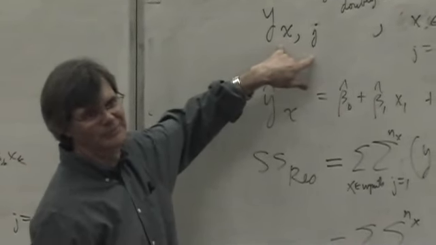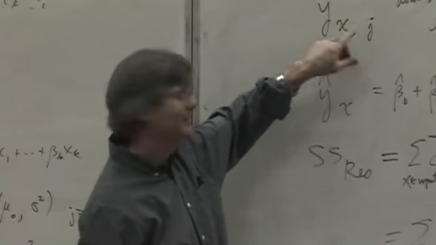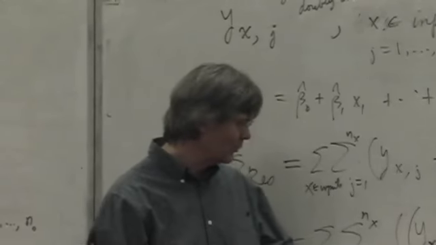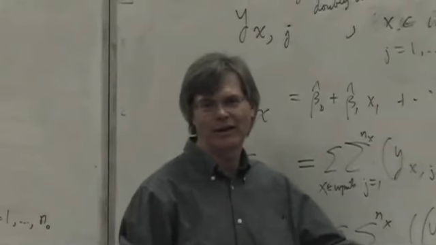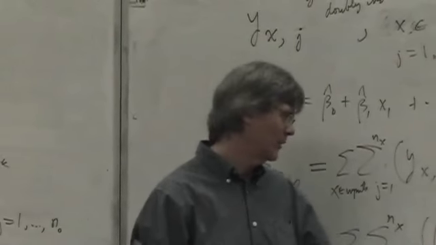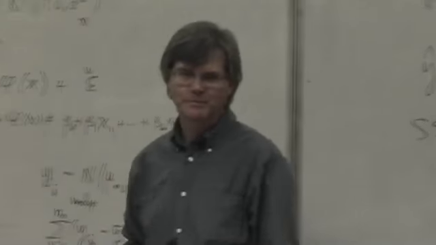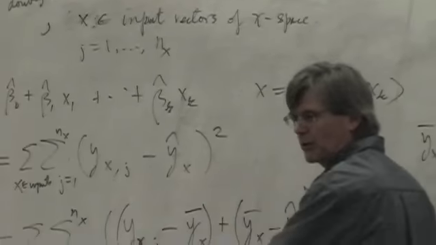Okay, so this is an ugly looking notation for the y values, but it's okay. And if n sub x is just equal to 1, then y bar sub x is just y sub x at j equal to 1. And so this becomes 0 in that case. So what I'm getting is this sum of squares plus this sum of squares plus the cross product term, right?